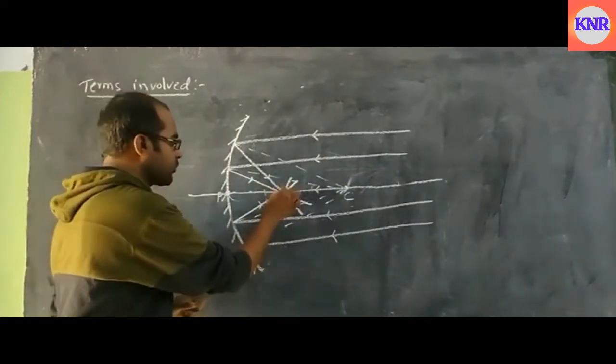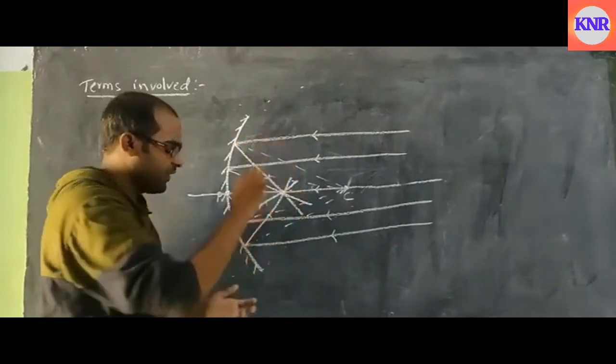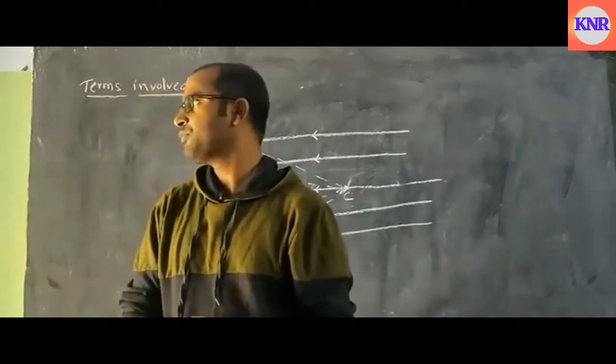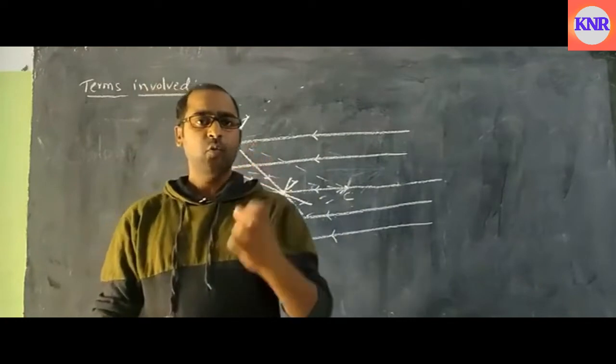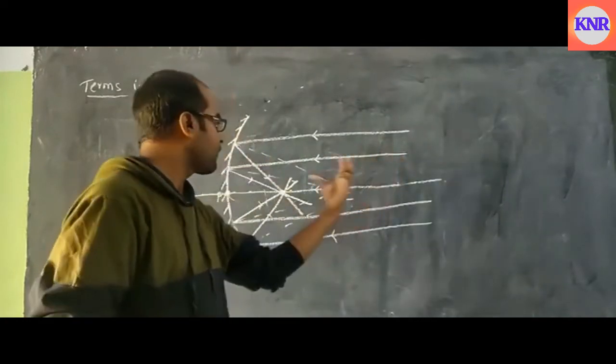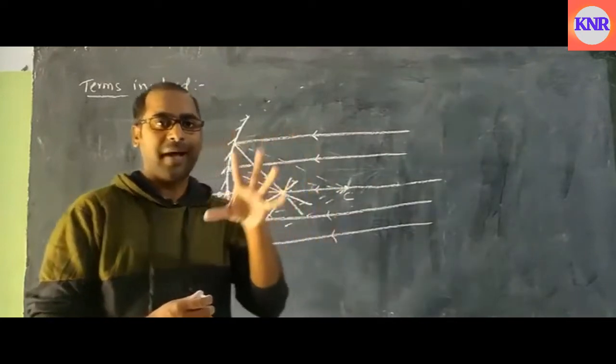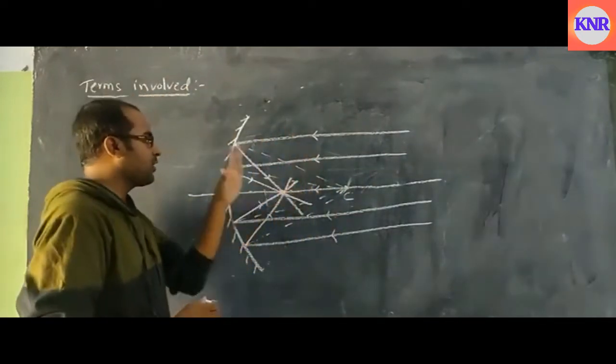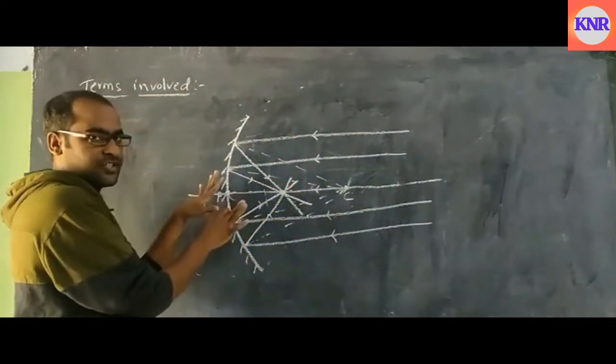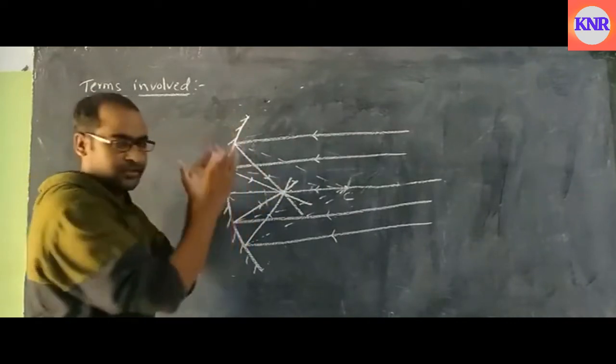That is the reason it is called a focus. So how can we define the focal point or focus? Whenever the rays which are parallel to the principal axis are falling on the mirror, after reflection they converge to a point.